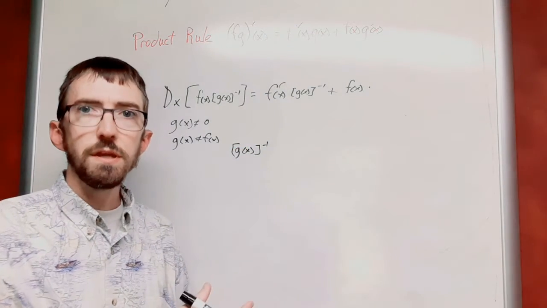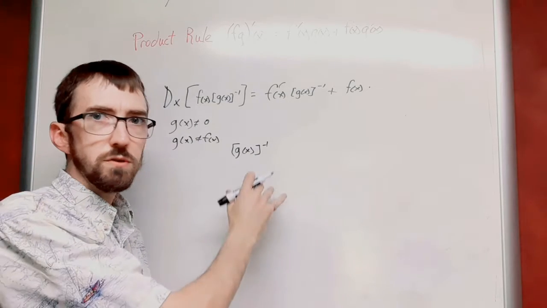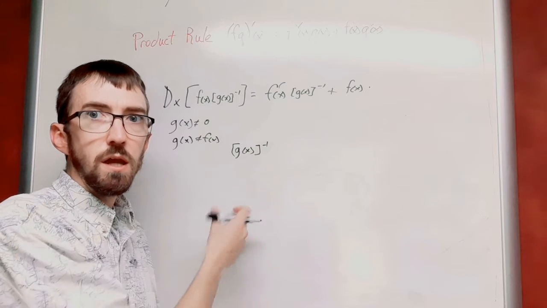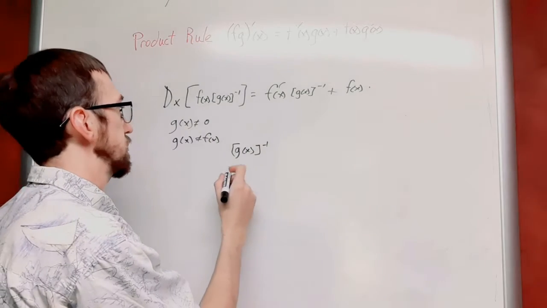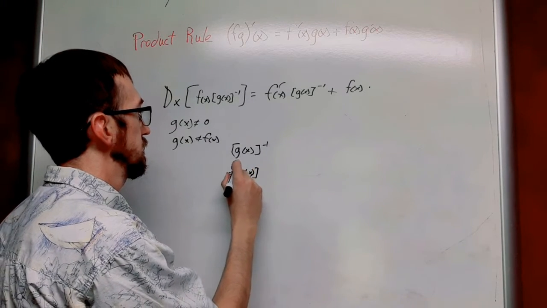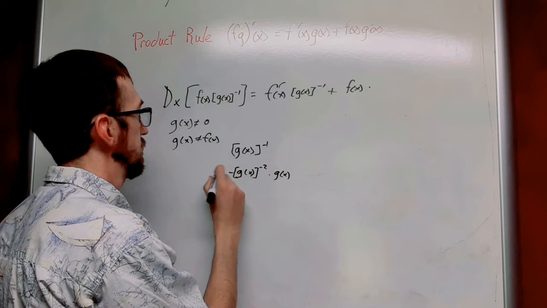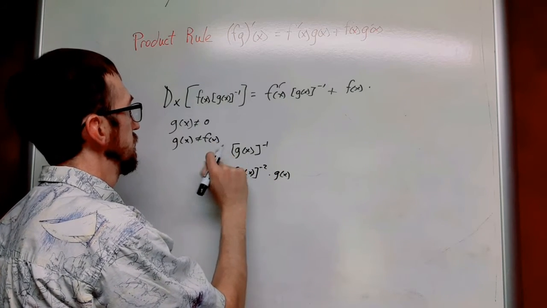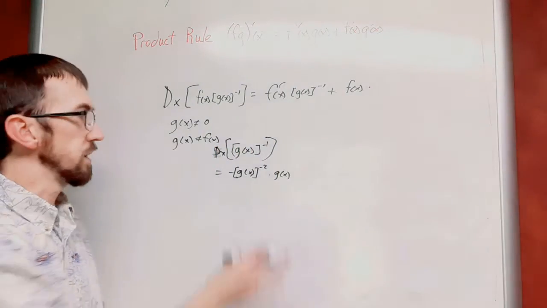g of x to the -1 power. We're going to bring the -1 down, and we're going to subtract 1 from the exponent, and then we have to apply the chain rule and do the derivative of the interior. So just doing the derivative there, we get this.